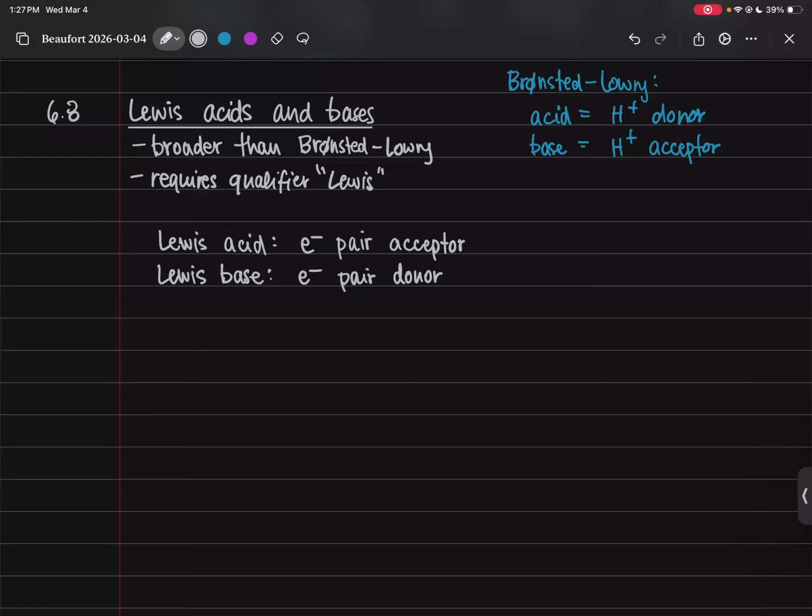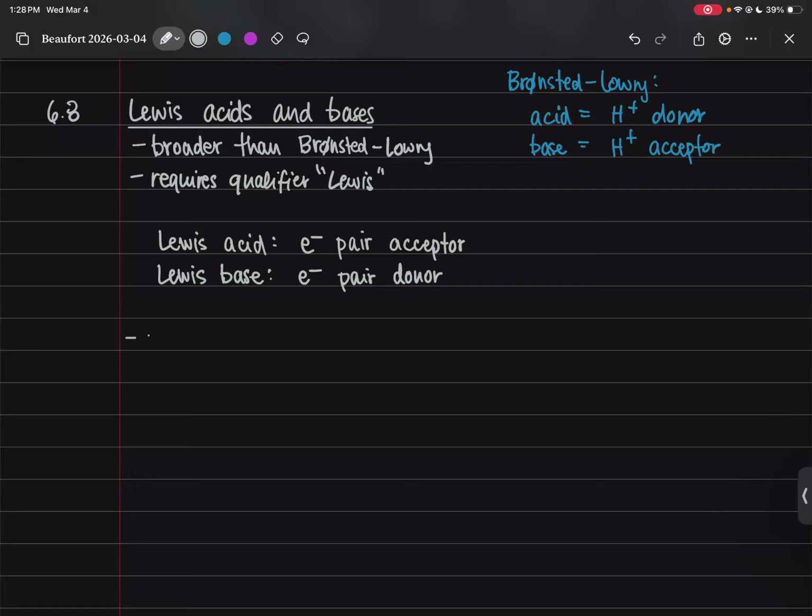Now, these are really, really different definitions. Occasionally, one compound will be both a Bronsted-Lowry base and a Lewis base, or a Bronsted-Lowry acid and a Lewis acid. But it's quite common for them to not have too much relation to each other. So it's really a completely different concept than acids and bases as we typically think.